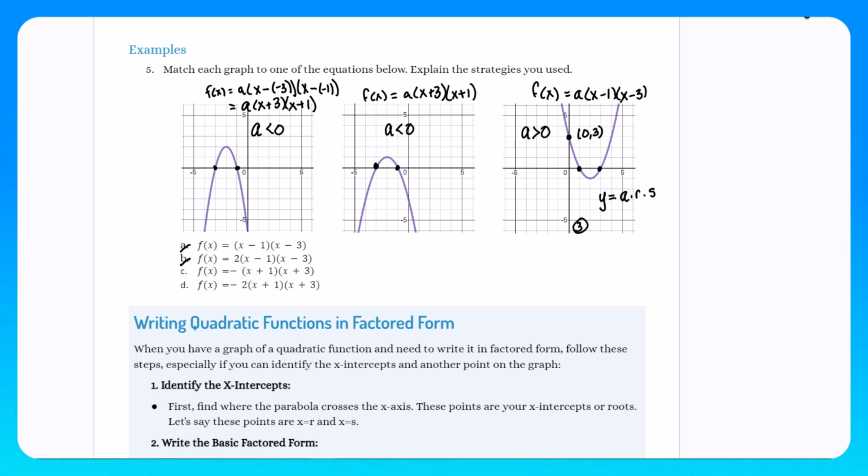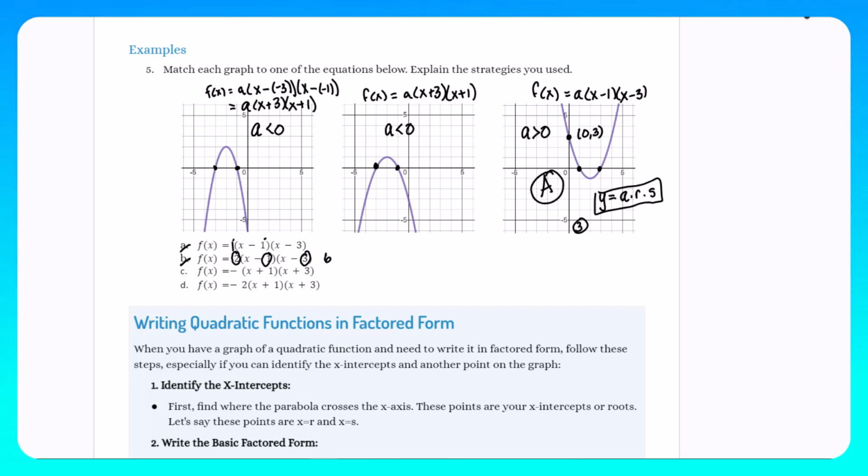Well, looking at this one first, 2 times 1 times 3 has a y-intercept of 6. But this y-intercept is 3, therefore, this third graph cannot be b, which means probably by the process of elimination, it's going to be this one. But let's just check. 1 times 3 is 3, and that's what this one tells us. The y-intercept should be 3.